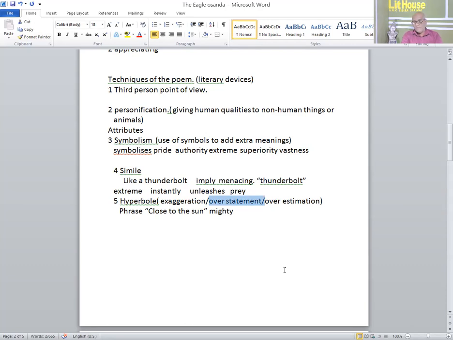Another overstatement implied, I-M-P-L-I-E-D, implied in the second verse, V-E-R-S-E, second verse.